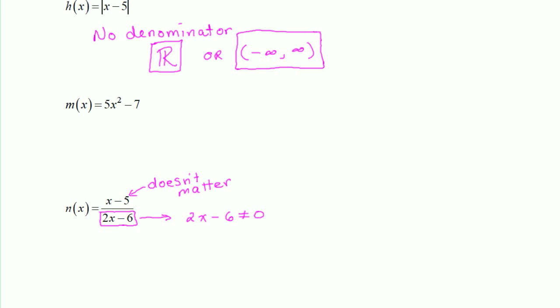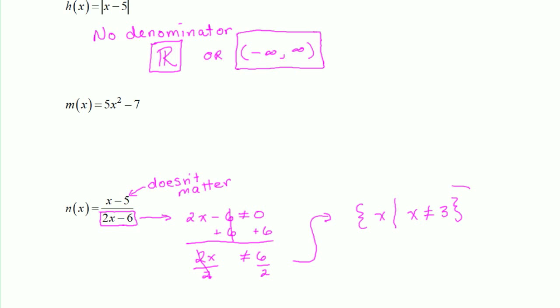All we care about is a denominator equaling 0, so we're just going to solve this as though it were a regular equation. 2x can't equal 6, which means that x cannot equal positive 3. And I'll go ahead and put that in set builder notation: the set of all x such that x is not equal to 3.